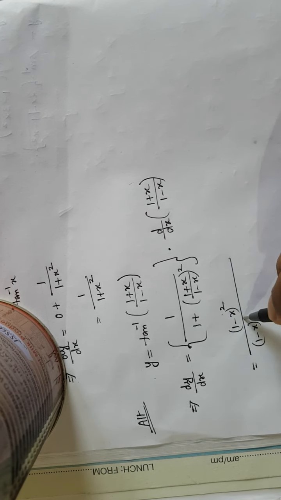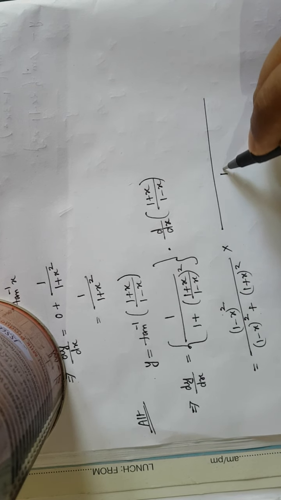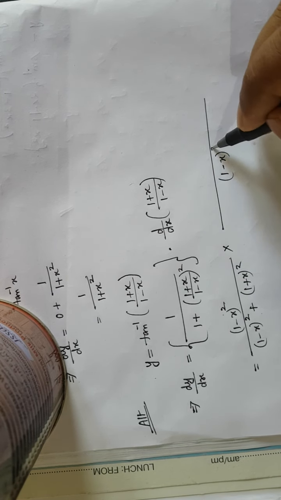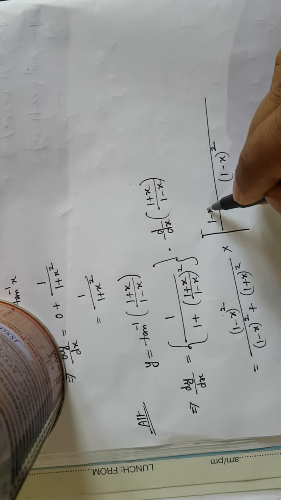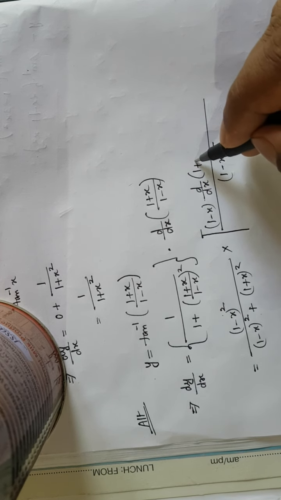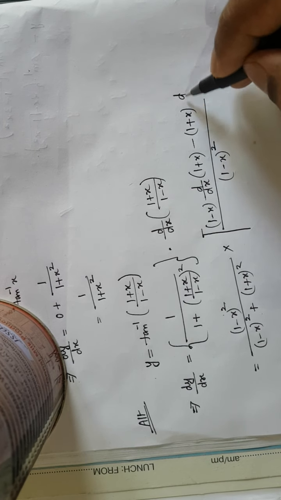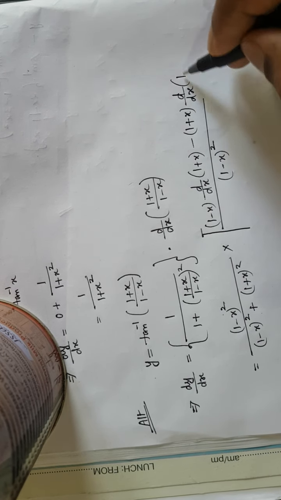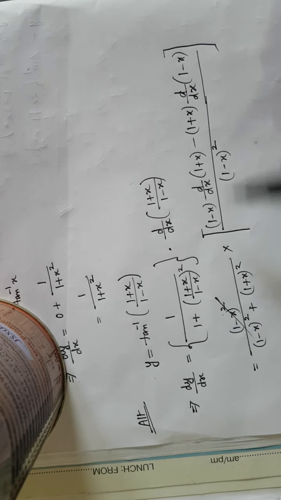Now u by v form: v square, v into derivative of u minus u into derivative of v. Same cancelled.